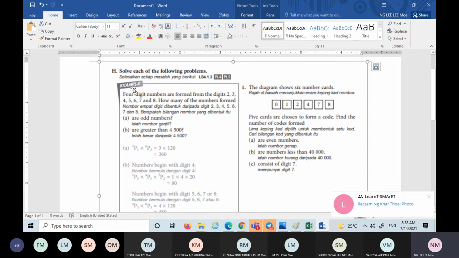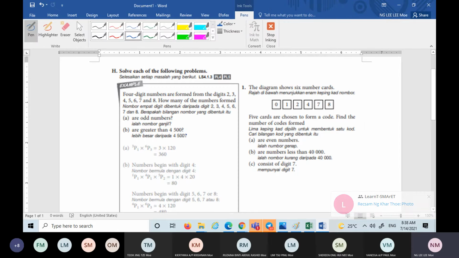Okay, we start with this 4 digits number. Okay, and then part A, odd number. Okay, so 4 digits are 1, 2, 3, 4.